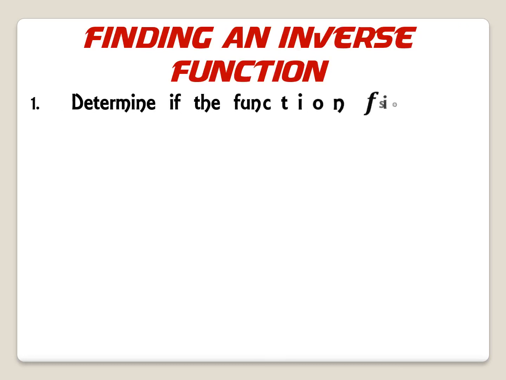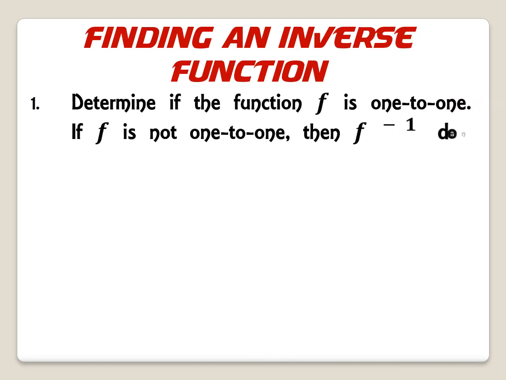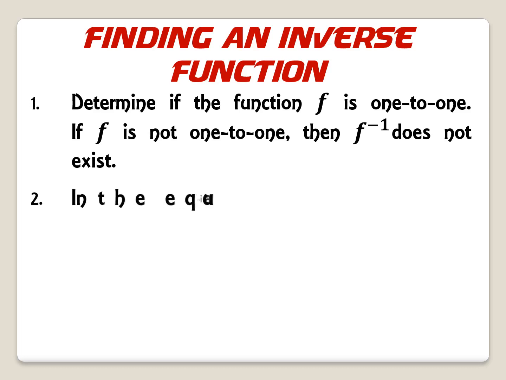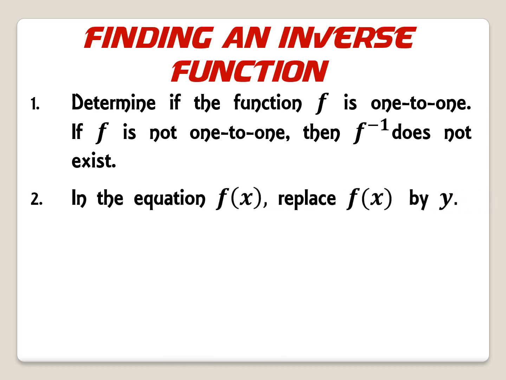Now, how can we find the inverse of a function if the equation is given? These are the steps that we're going to follow. First, you have to determine if the function is one-to-one. If f is one-to-one, then the inverse exists. Two, in the equation f of x, you will replace f of x by y, since you know that f of x is also equal to y.